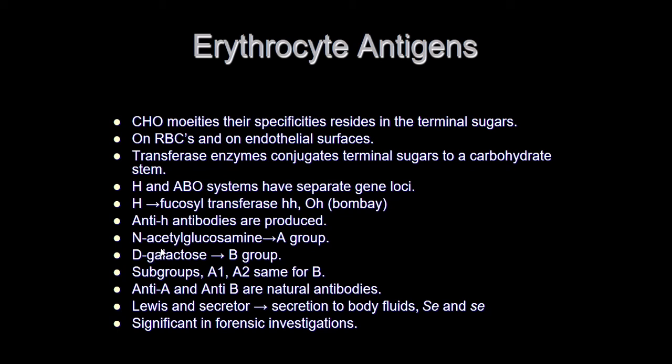So remember, the N-acetyl glucosamine is blood group A, and the D-galactose is blood group B, and when we have both, we have blood group AB. And then we have subtypes like A1, A2, and B1, B2, for example. Anti-A and anti-B are natural antibodies, as we said.